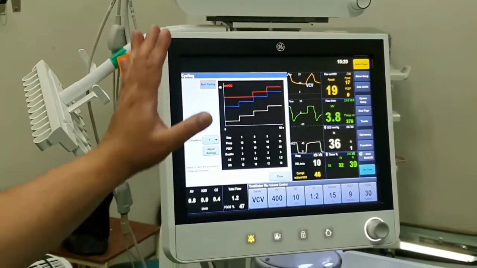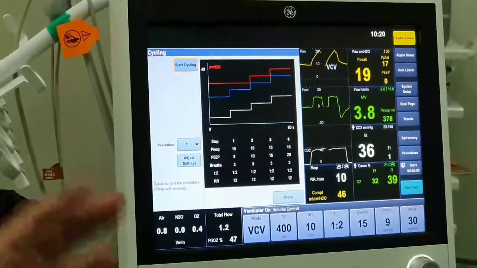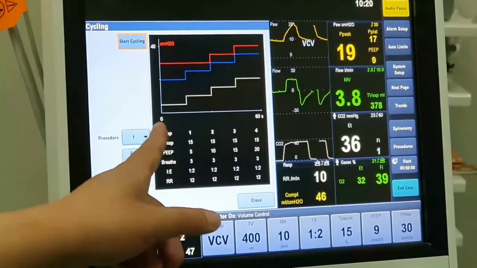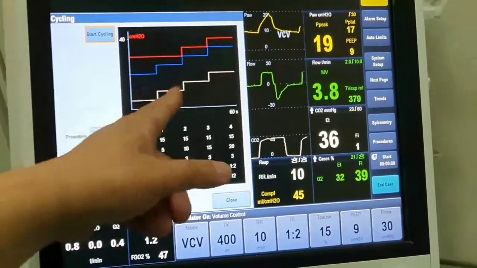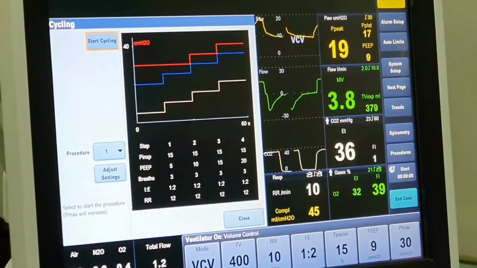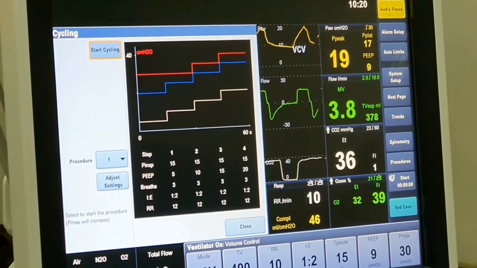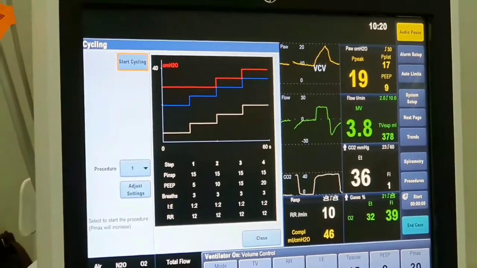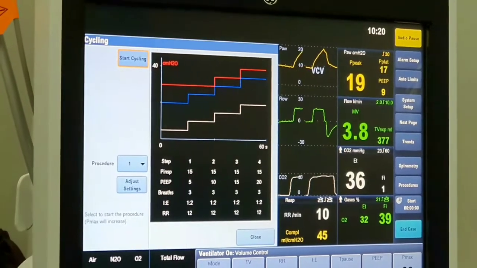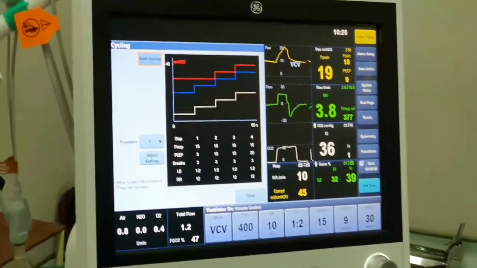So for this kind of recruitment, it is divided into 3 parts. First is hemodynamic conditioning. What it means is you want the patient's hemodynamics to get adjusted before you do the actual lung recruitment. When you inflate the lungs, you're actually squeezing on the heart.